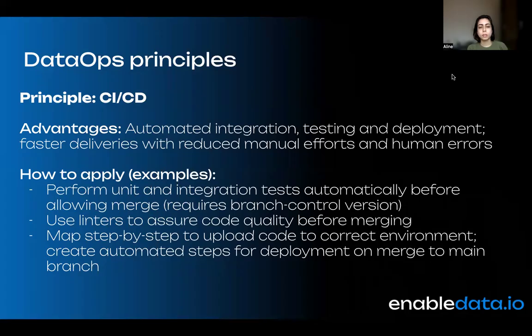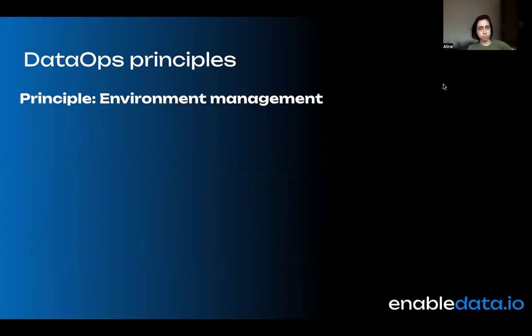And also, as I said, map step by step how you upload code to the correct environment, if you would do that manually, and then you create automated steps for the deployment on merge to the main branch. So after you verified that the code is integrating well and it's not breaking anything, at least what you have tests for, and you assured code quality with linters, you can deploy your code, which is continuous integration, continuous deployment.